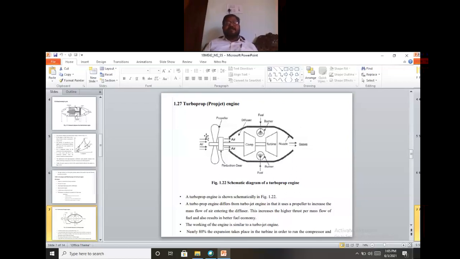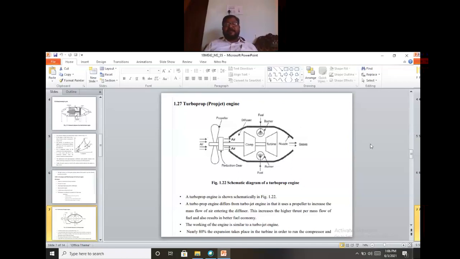With a high mass passing through the diffuser, at the end of the engine the burnt gases pass through the nozzle. Hence, more propelling thrust may be generated.